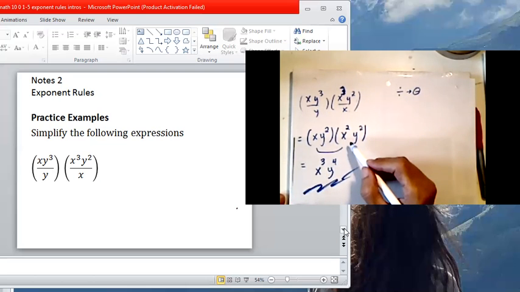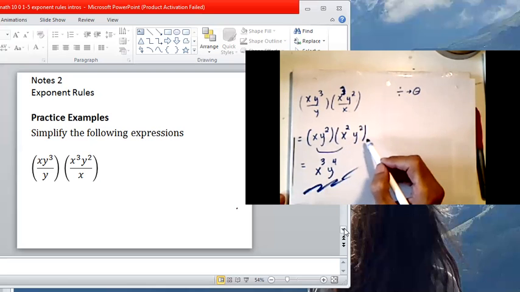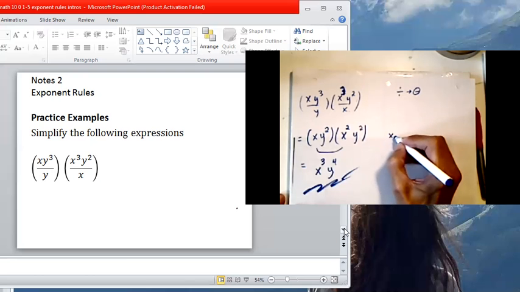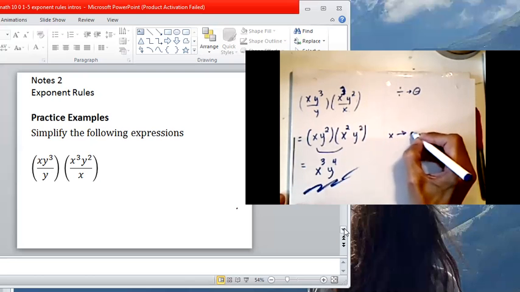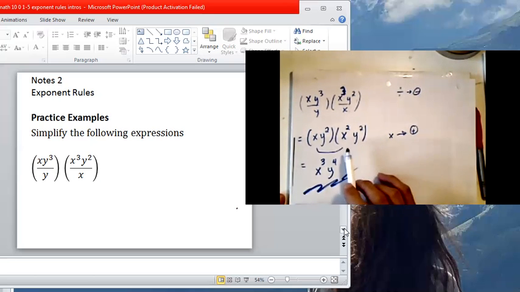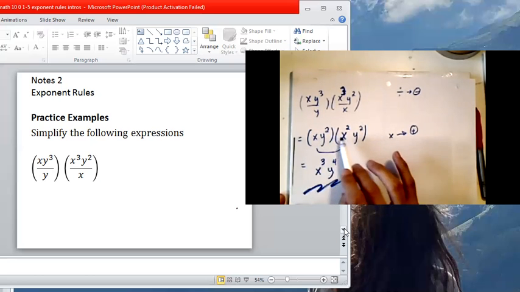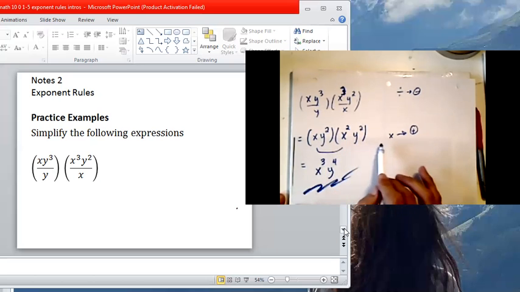So you put x, y to the power of 2, and then x to the power of 2, and then y to the power of 2, right? Perfect. And here we added, we didn't minus, right? That's right. Times means adding. We're not dividing these x's. They're all on the same level. So it's x times x squared, so we add.